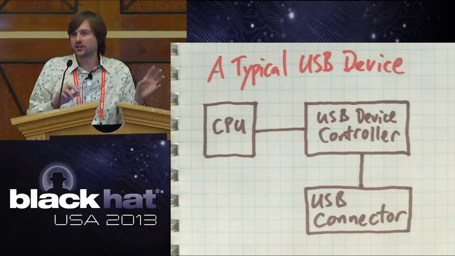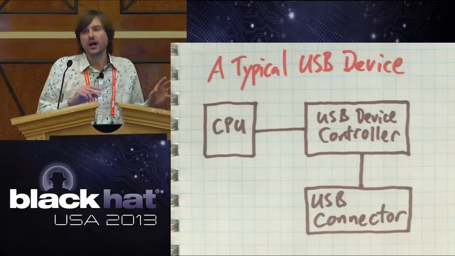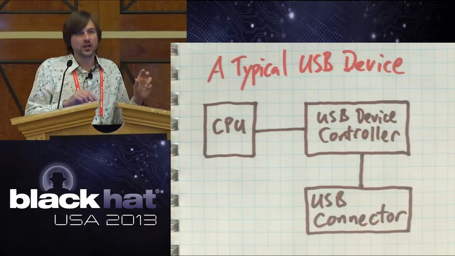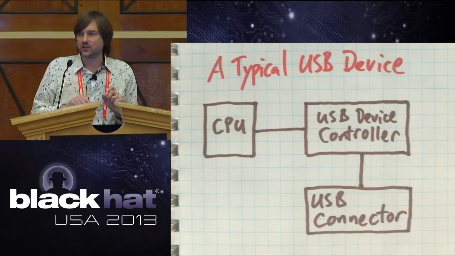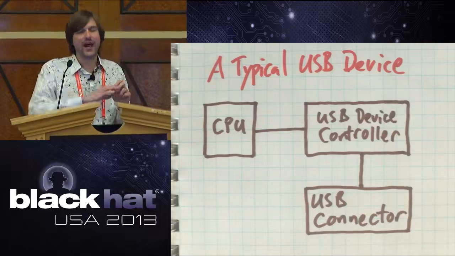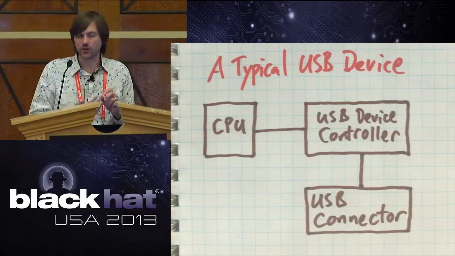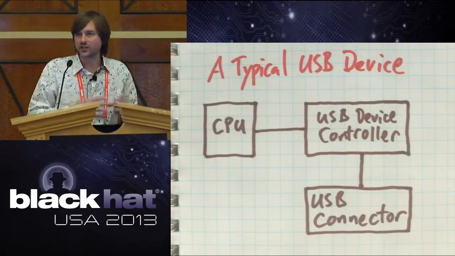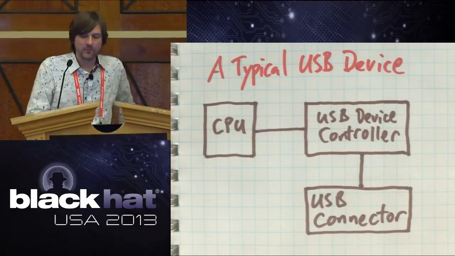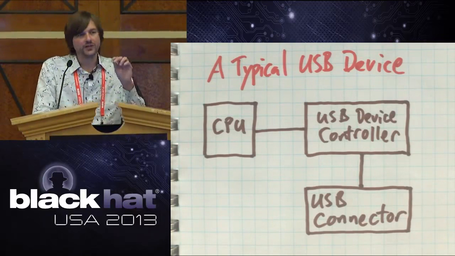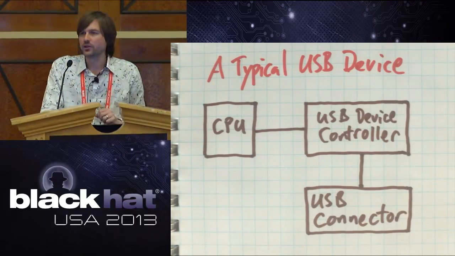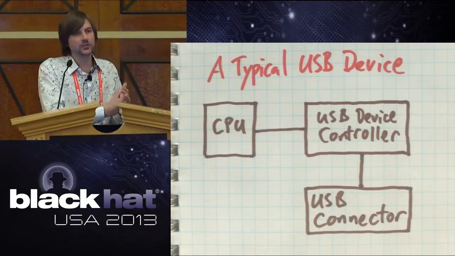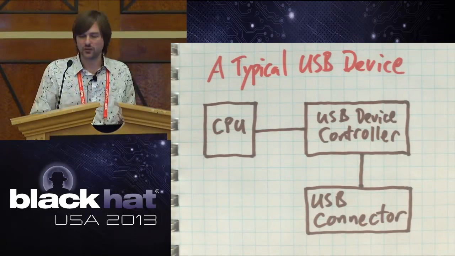Then it talks to some CPU. That CPU may be in the same integrated package. We see a lot of microcontrollers that have an integrated USB device controller, so those two things might be one IC. But typically you'll see that device controller connected directly to the USB connector. So if you plug into the USB connector, you're talking to the device controller.